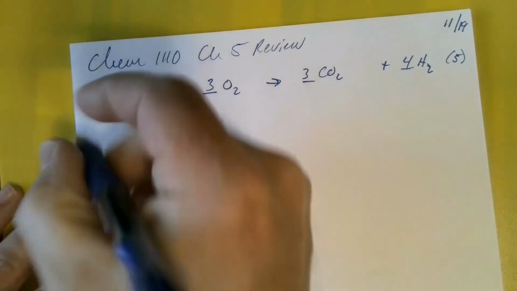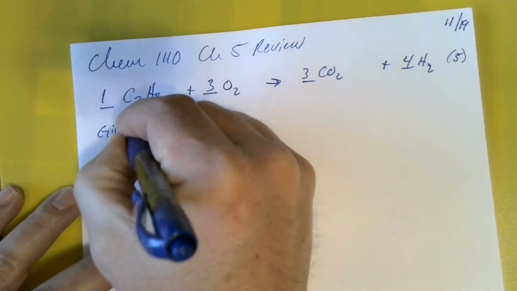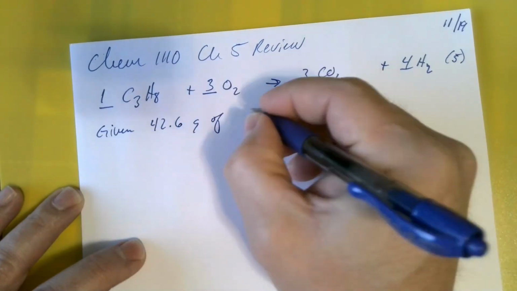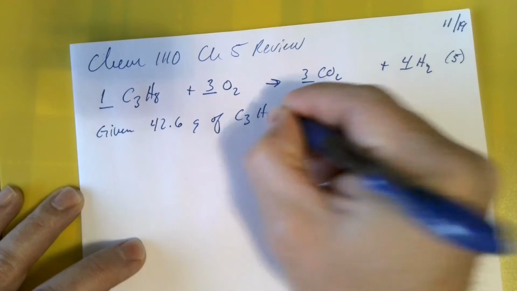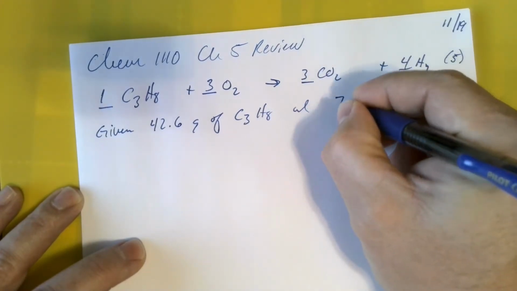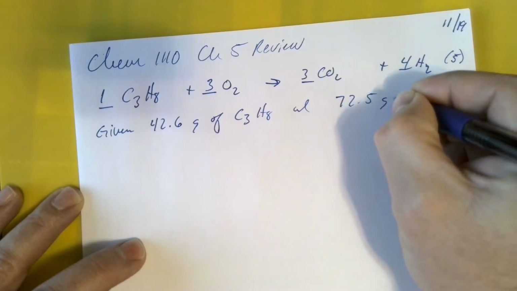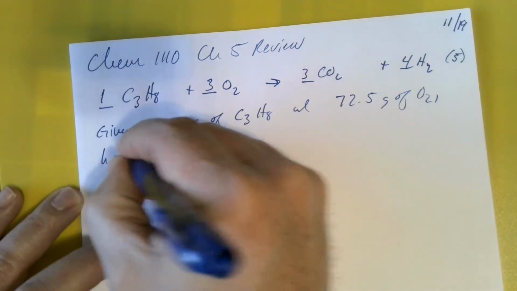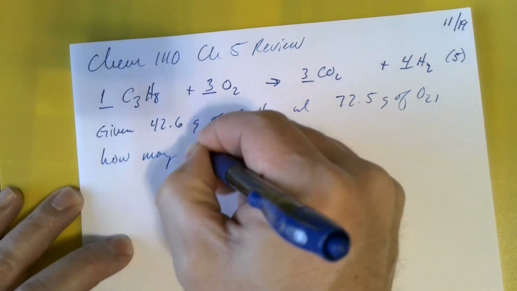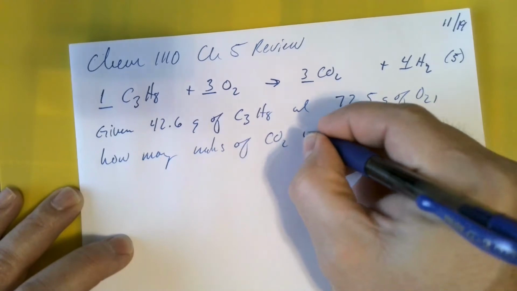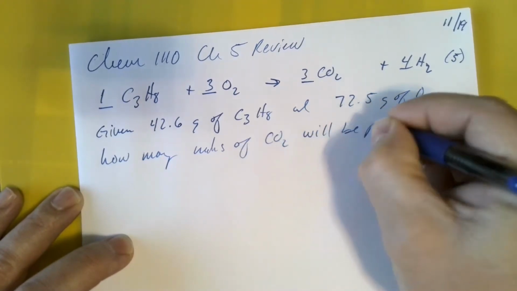Let's say that I was given 42.6 grams of C3H8 and 72.5 grams of O2. How many moles of CO2 will be produced?